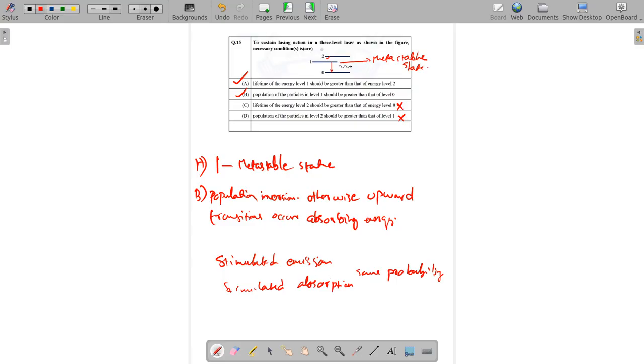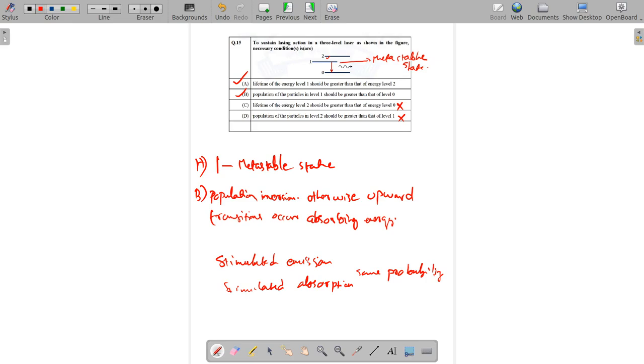So depending on which one is more occupied, you have that kind of transition. Given that you have more particles in the lower ground state, stimulated absorption will happen. That will absorb the energy. Now if you have population inversion, then only you will get a lasing action. So population of the particles in level 1 should always be greater than that in level 0 to have the lasing action.